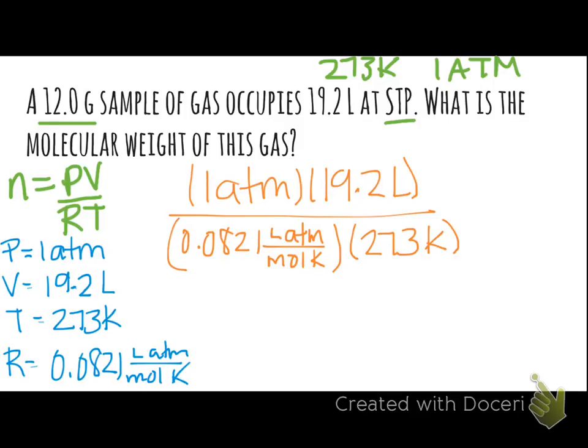Let's check those units, get them crossed out. Atmospheres, atmospheres, liters, liters, Kelvin, Kelvin. We're left in moles, which is what we want. Okay, go ahead and solve. So we should be getting 0.857 moles, we'll do 3 digits here.